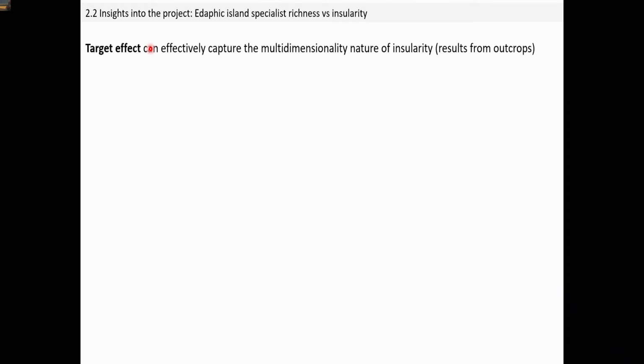Also, we found in one of our papers that target effect is also able to capture the multidimensional nature of insularity, namely that it is not only related to island size and isolation, but also to these other metrics that I was mentioning before, especially the connectivity metrics.